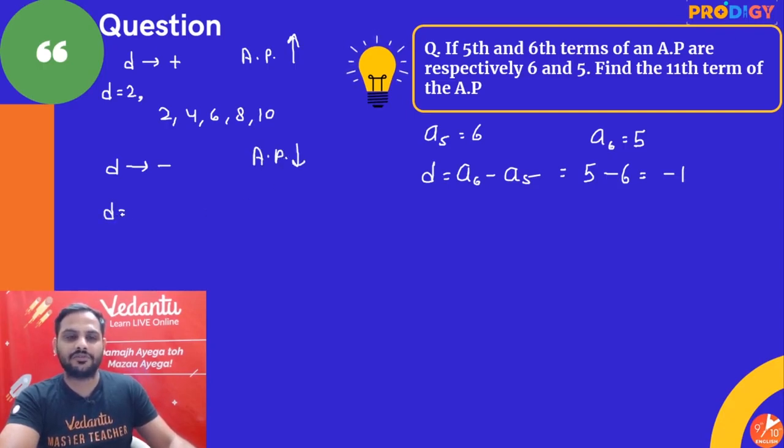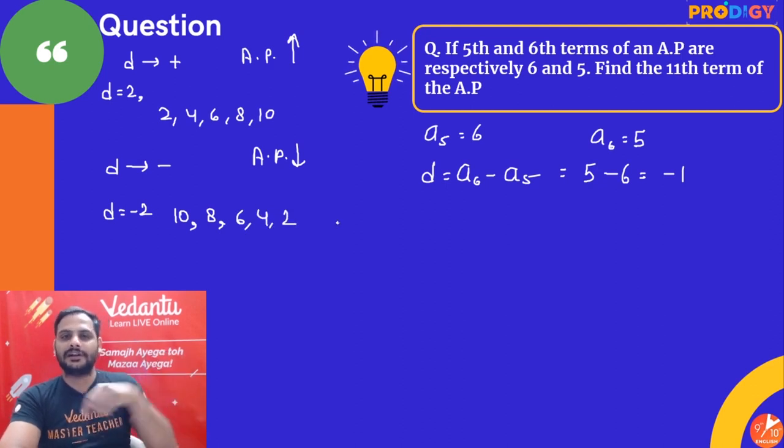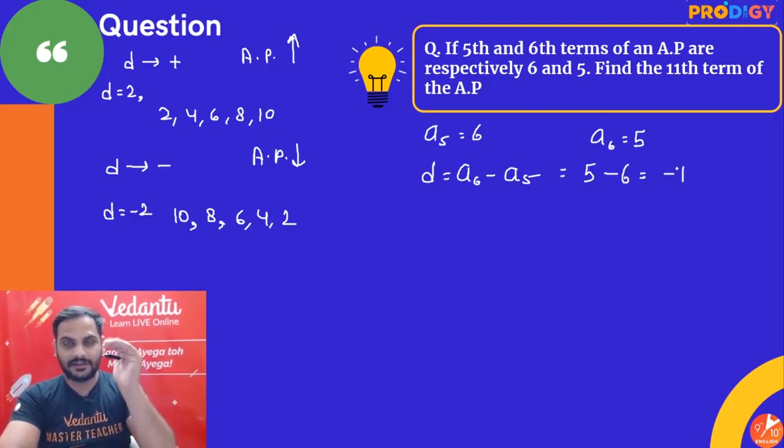For example, if I choose common difference minus 2 and I start with 10, then 10 minus 2 is 8, 6, 4, 2. So it is decreasing. So the common difference is negative, that means this AP is decreasing. You can clearly see the fifth term is 6 and the sixth term is 5, so the AP is decreasing. Now they are asking to find the 11th term.